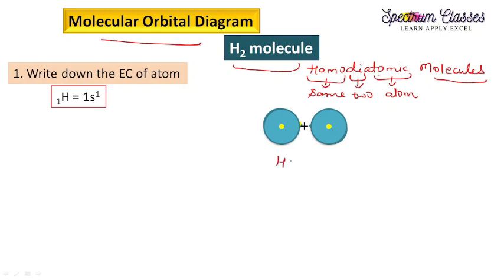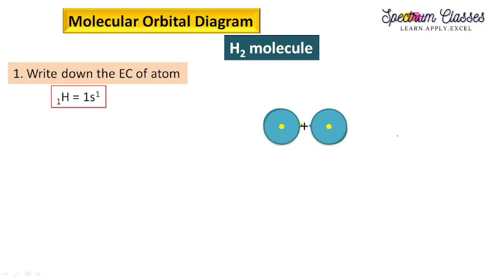For example, here one hydrogen, second hydrogen, these two combine together to form a hydrogen molecule. So this is called a homodiatomic molecule, right? In the same way, we can write He2, B2, N2, oxygen, fluorine. These are all homodiatomic molecules. I hope you understand here.